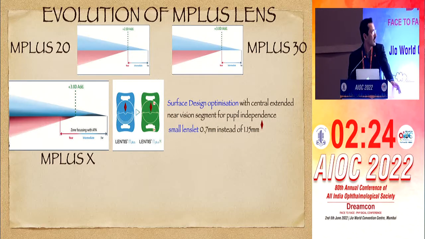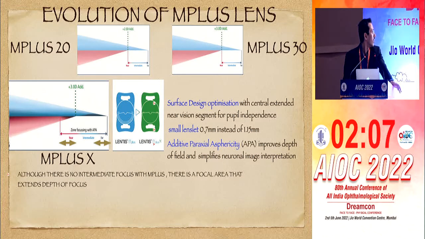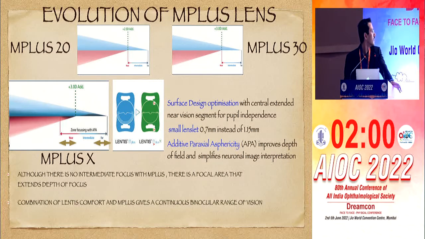And a smaller lens slit was used, around 0.7 millimeter instead of 1.15 millimeter in Lentis Comfort. And finally, an additive paraxial asphericity, which improves the depth of field and simplifies neuronal image interpretation. Although there is no intermediate focus with M plus, there is a focal area that extends depth of focus.